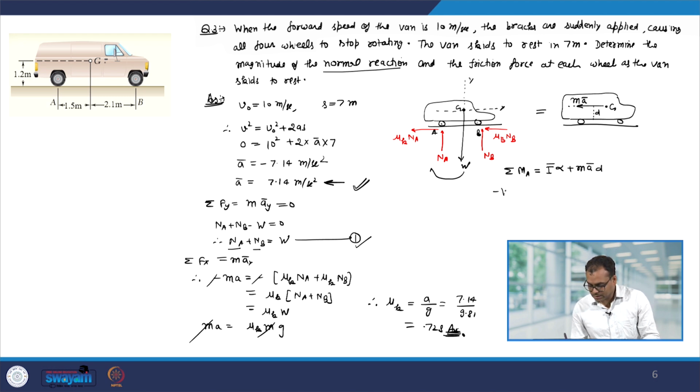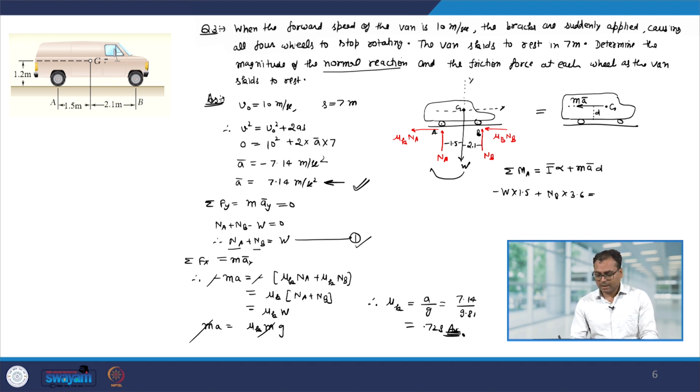So, therefore, minus W into this distance, 1.5 meter, plus we have NB into the perpendicular distance, which is 1.5 plus 2.1, so that is 3.6, equal to I bar alpha.